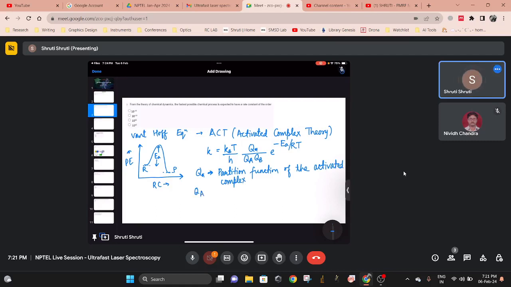And Qa, Qb are for the reactant and product.